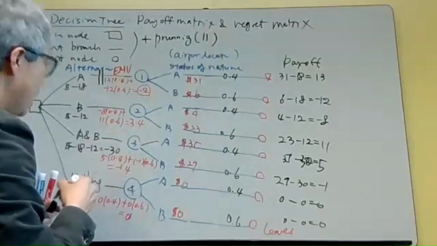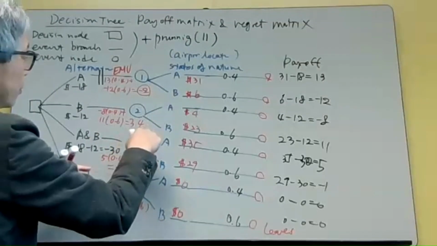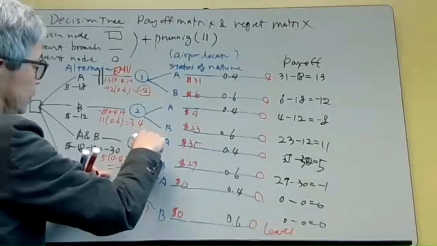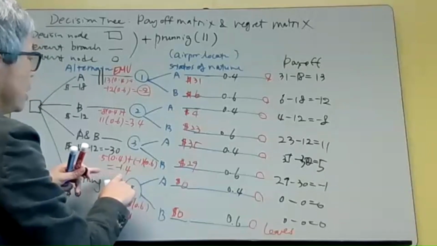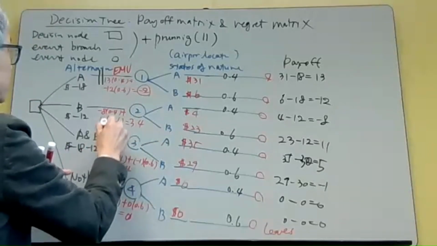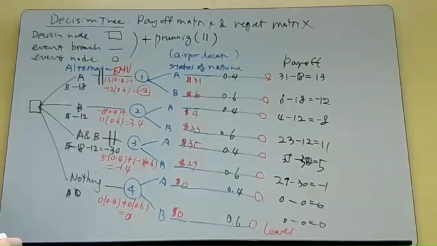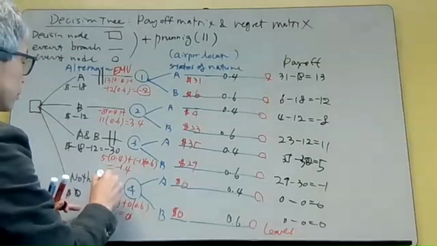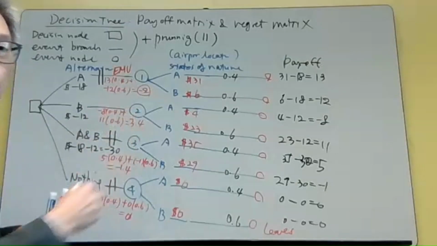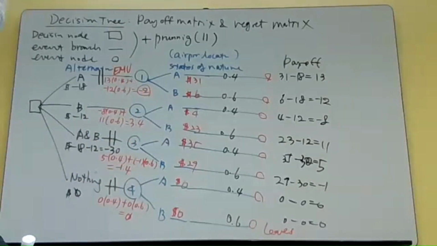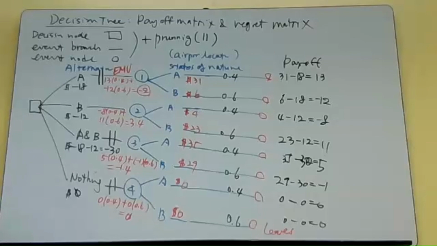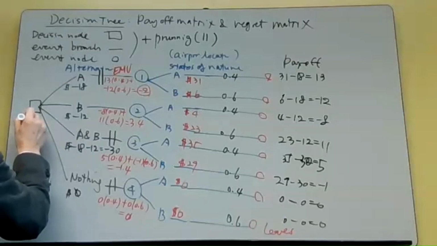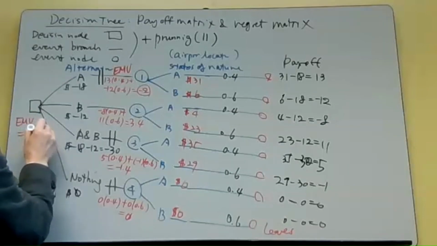Just take this branch out. And then 3.4 is our optimal decision. Then another decision is minus 1.4, which is smaller than that, so we just prune this branch. And 0 is also pruned. So now we have only one branch, alternative 2. So our final expected monetary value will be just $3.4 million.